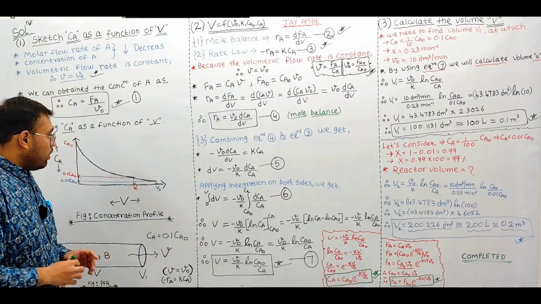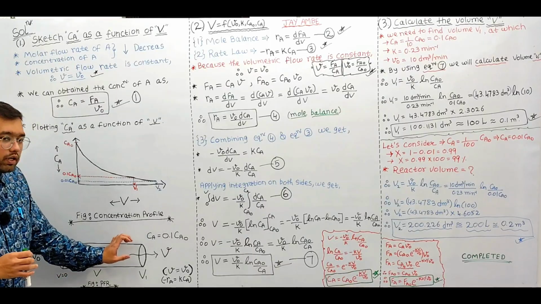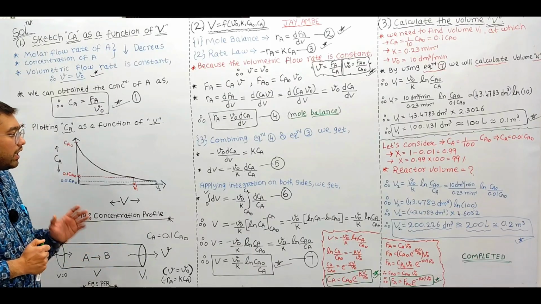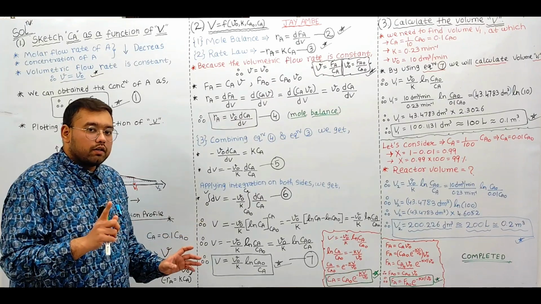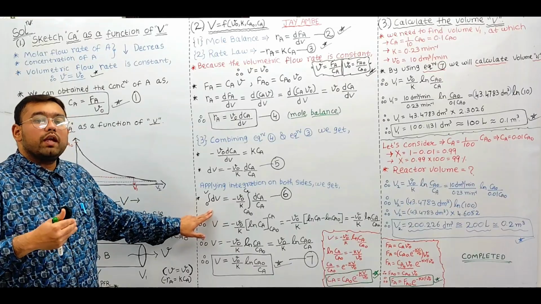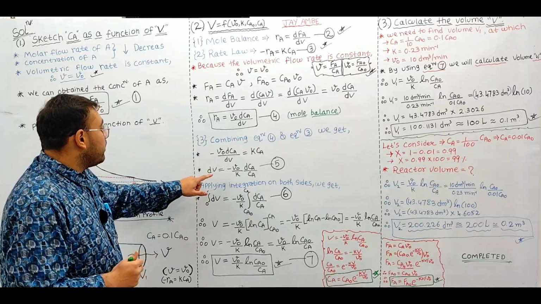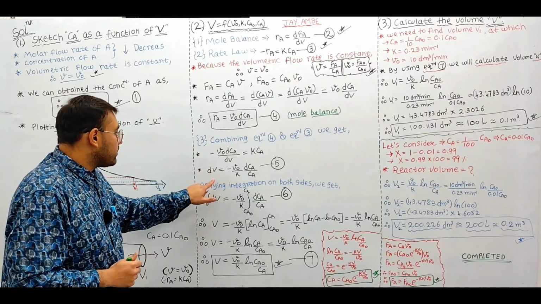By applying the integration sign, we can sum up all those infinitely small differential elements of the volume of the plug flow reactor, which makes the calculation simple, right? So we are applying integration on both sides of the equation.